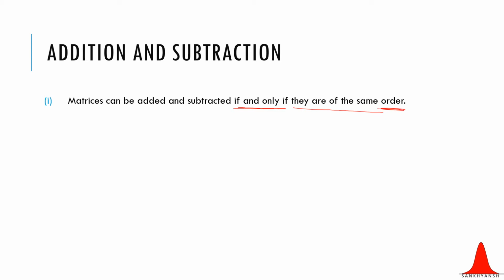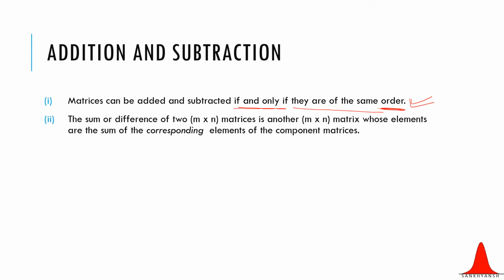This is a very important condition. Then the sum or difference of two m into n matrices is again another m into n matrix, whose elements are the sum of the corresponding elements of the component matrices.